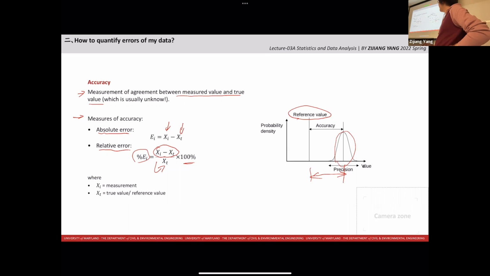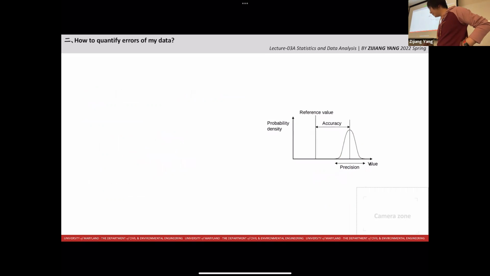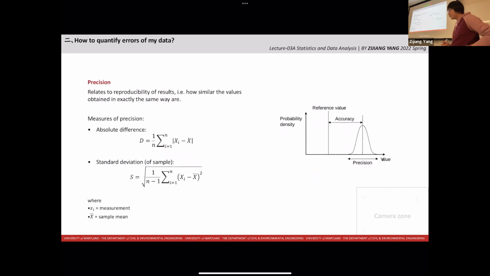The next one is precision. Precision relates to the reproducibility of the results. In other words, it shows how similar the values are when obtained in the same way.